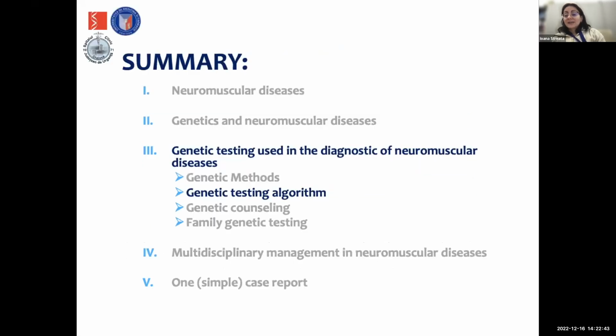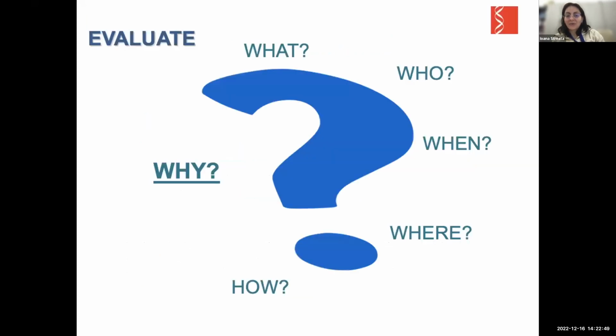The genetic testing algorithm is complicated because of the things that I've mentioned before. There are a lot of questions that we have to answer before we choose and say, this is the genetic test that you should do, or I recommend to you. It's important to know why we test, what we test, who we test.